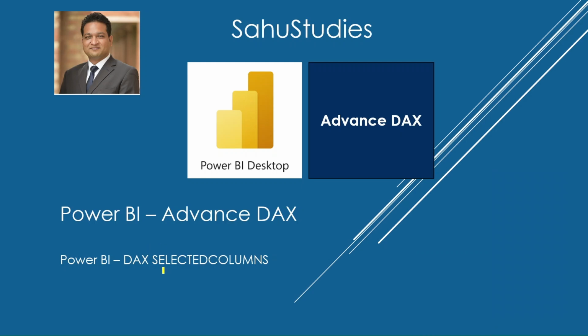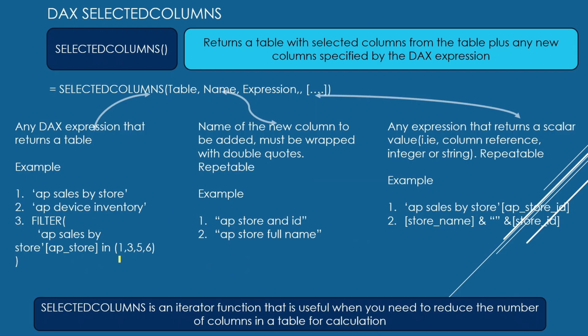In this video, we are going to discuss the SELECTCOLUMNS function in Power BI. So why do we use the SELECTCOLUMNS function? The SELECTCOLUMNS function returns a table with selected columns from a table plus any new columns specified by a DAX expression.